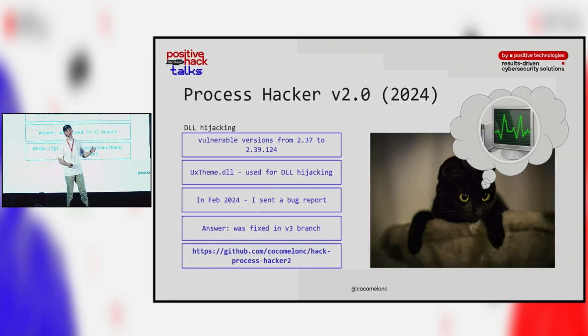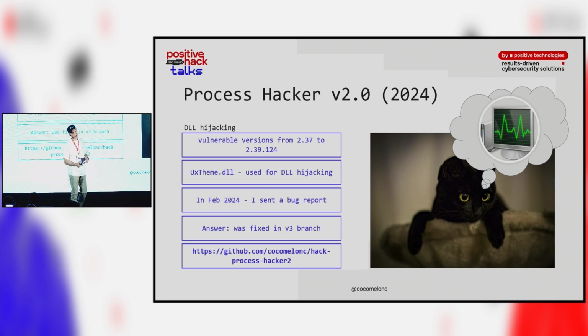Another one is also discovered by me. It's Process Hacker. Even I, honestly, used this application for malware analysis, but I was shocked that it's also vulnerable to DLL hijacking, and you can abuse it for malware persistence. What's the problem?